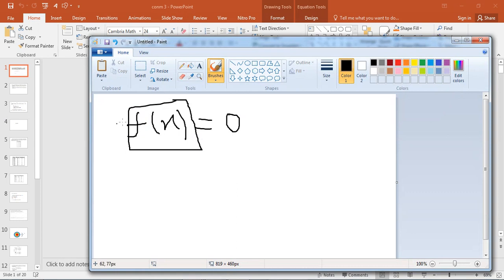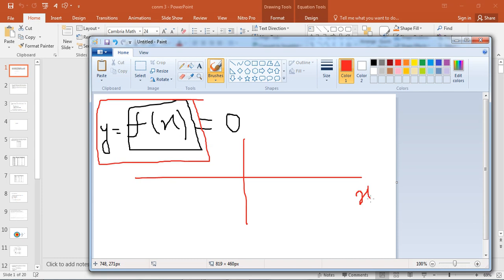Now let me represent this as y. So y is equal to f of x. Now there are two parameters, one is x and another is y. So let's plot them. Let us assume that this is my x and this is my y.